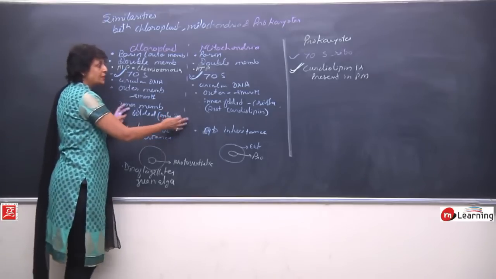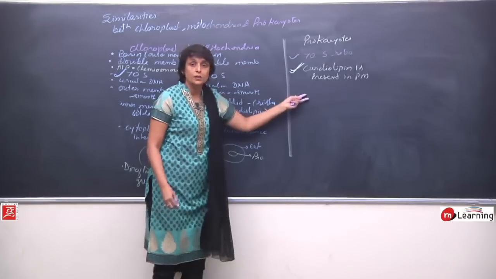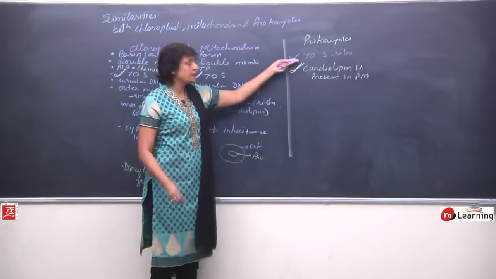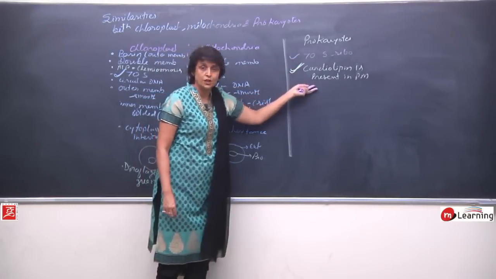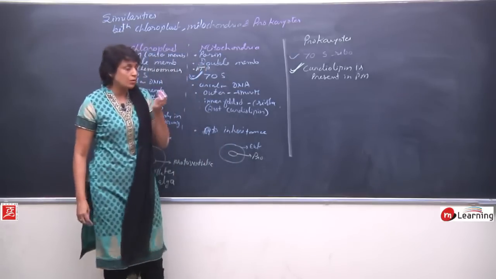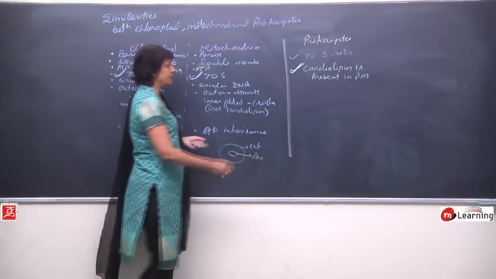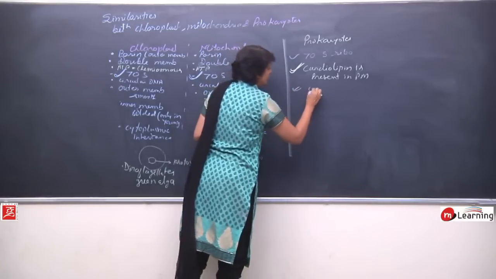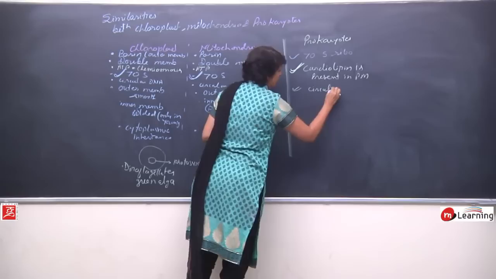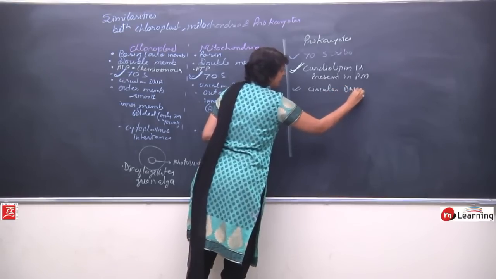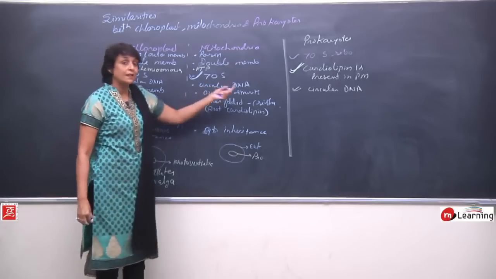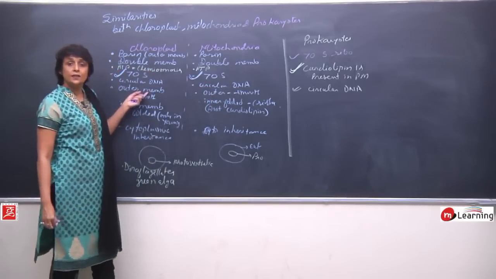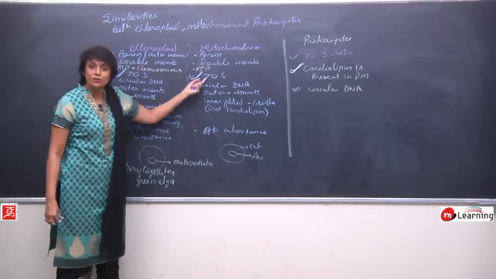And if you compare these two structures with prokaryotes, there are two major things, 70S ribosomes and the protein that is present. We can take one more similarity between these. Prokaryotes have a circular, naked DNA, that means there is no envelope or cover around it. The same is the case with chloroplast and mitochondria.